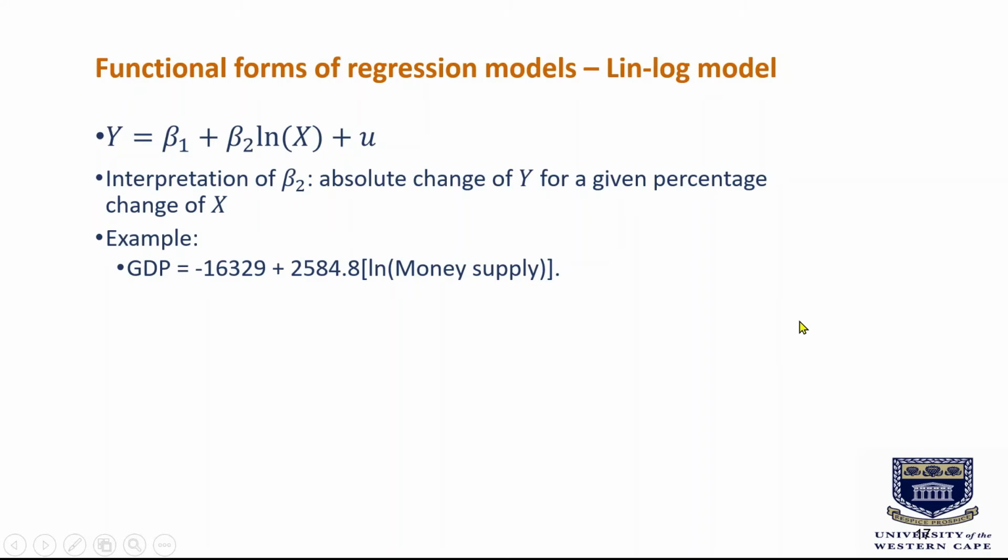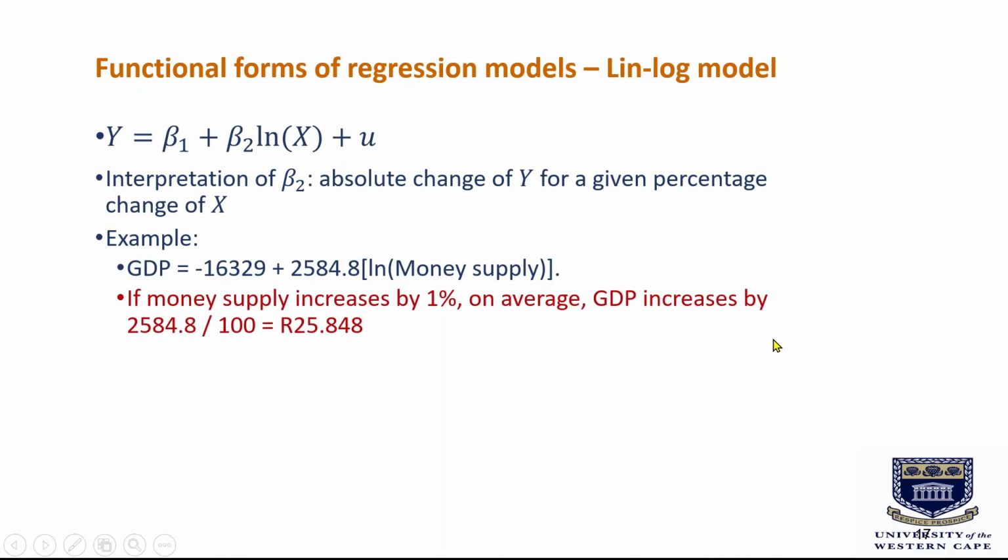All right, now let's look at a lin-log model. So lin-log model is where you have the unchanged Y variable regressed on a logged X variable. Here the interpretation of beta 2 is that it is the absolute change in Y for a given percentage change in X. And as an example of such a model, here you have GDP regressed on the log of the money supply.